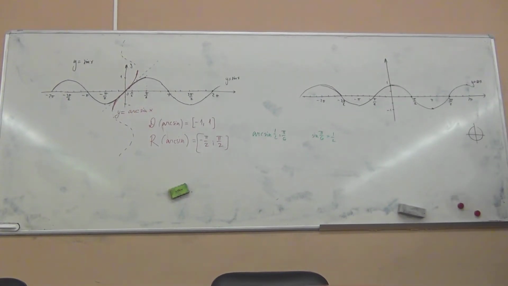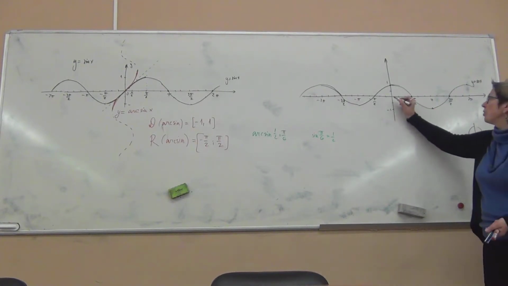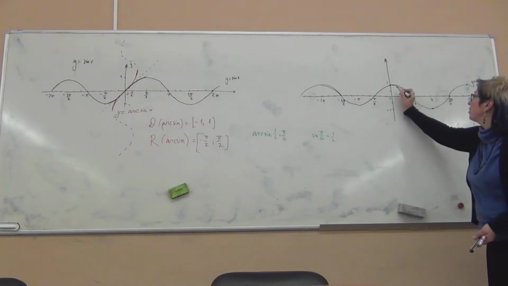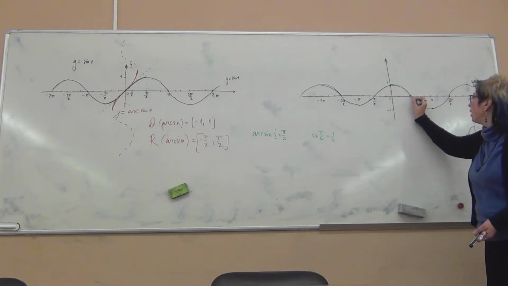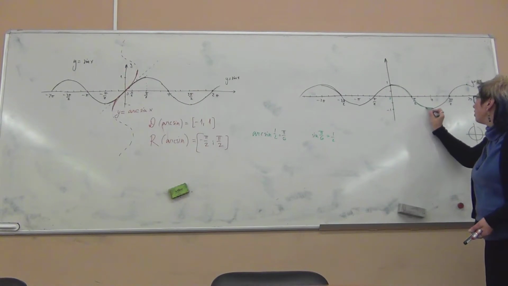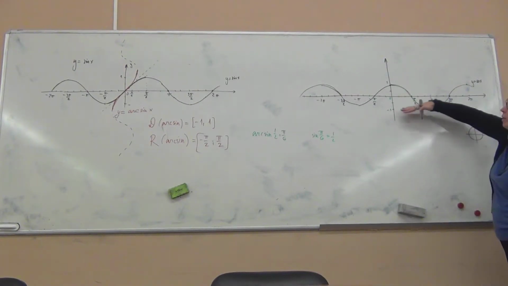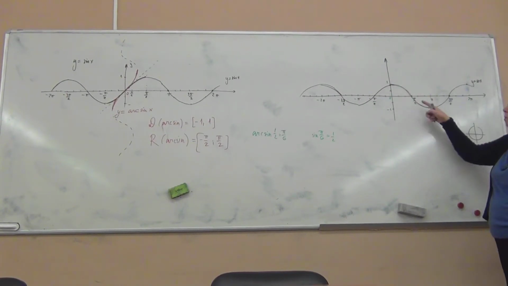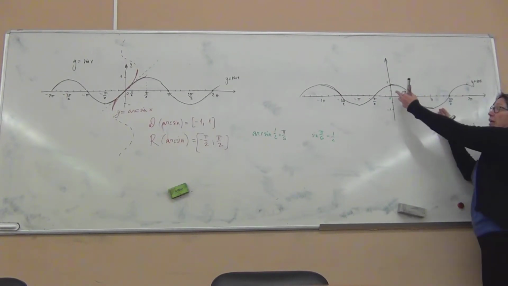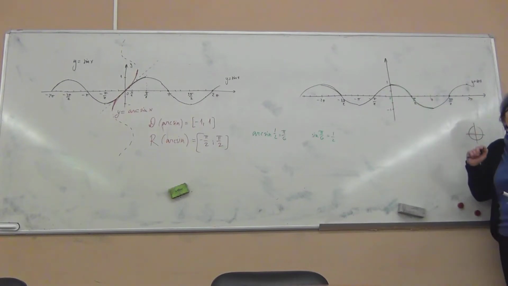So what would be the most natural domain for the arc cosine function? From 0 to pi. See, if we take this part of the cosine graph, it again covers all the cosine values from minus 1 to 1. They never repeat. Outside this segment, they immediately begin repeating.